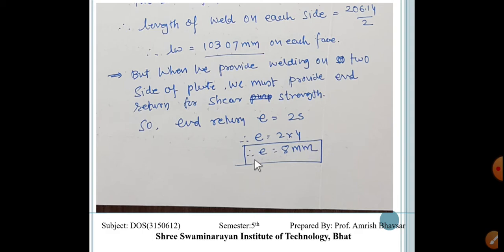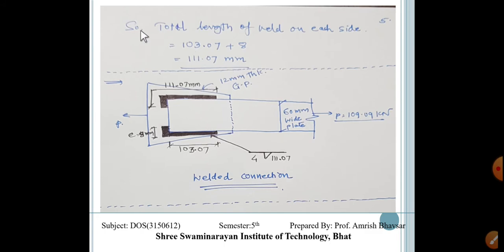So the end return of 8 mm must be carried out at the remaining side of the connection. So the total length of welding on each side including end return is 103.07, the actual weld, plus 8 mm end return. So the total length of welding is 111.07 mm. Right? This much welding on a single side we have to do.